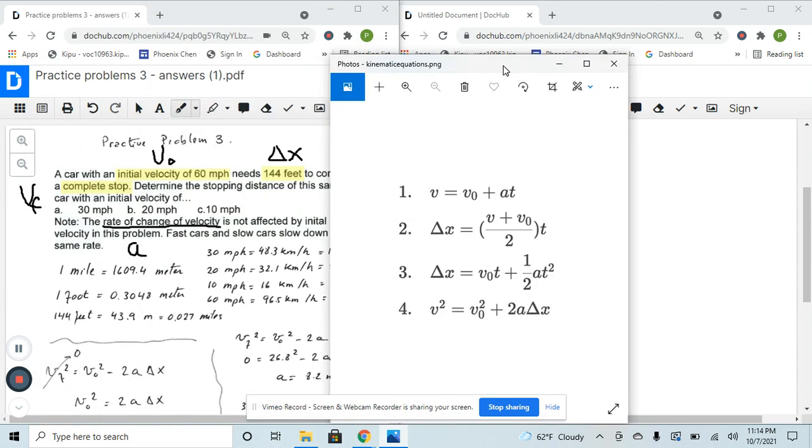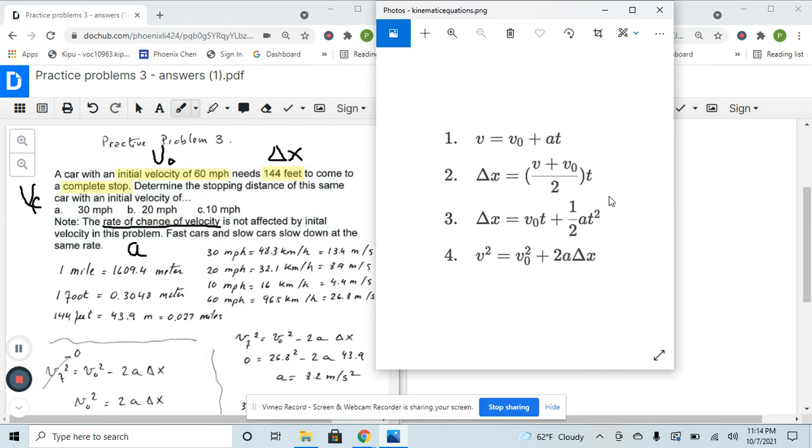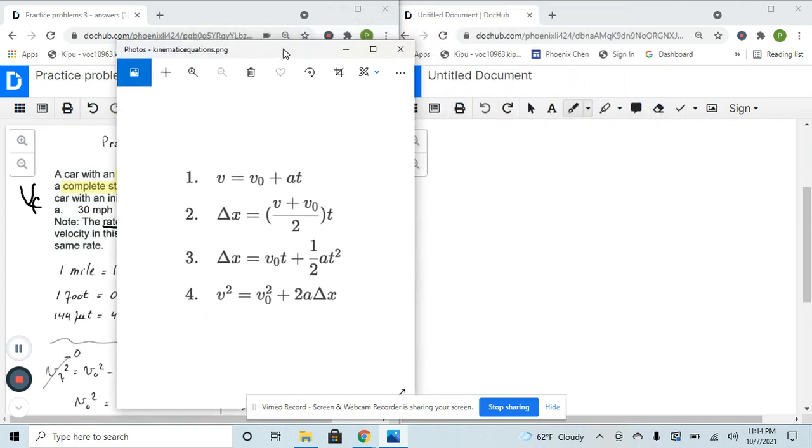So now let's look at how these fit in with our kinematic equations. And our kinematic equations show how everything is related, right? So if I look at the information that's given, my initial velocity, my delta x or displacement, and my final velocity, I can see that it best fits equation 4. That's perfect because we only have one piece of information missing here, and that's a. And so we can rearrange this equation to solve for a based on the information we have.